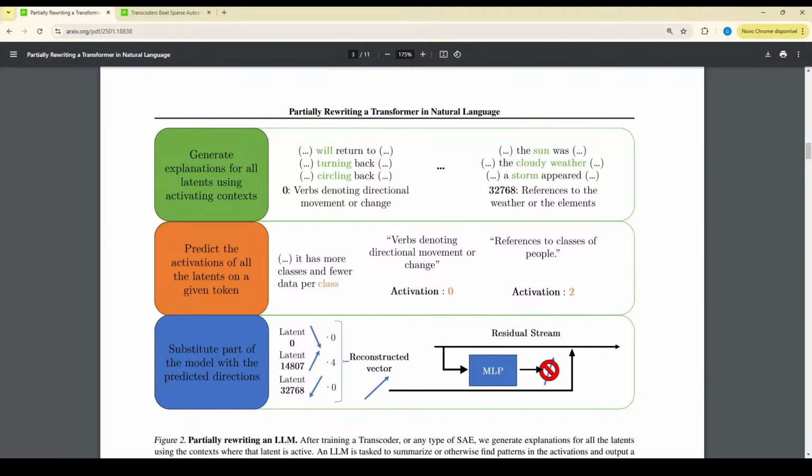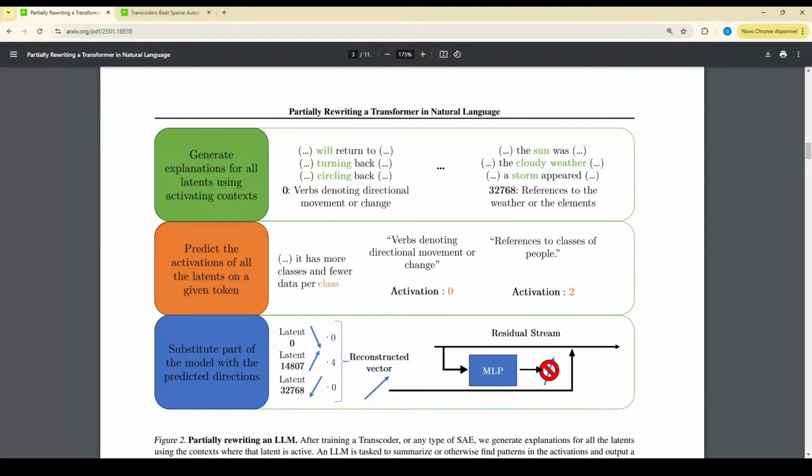If you're not, you can also check our other paper on this, or the original sources, like the Anthropic paper or Bills et al. for neurons. But the idea is that you collect activations of your sparse model.